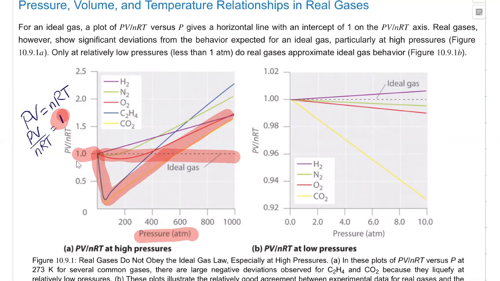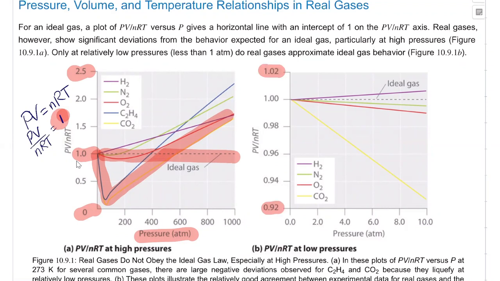So now look at the right-hand graph. It's still PV over nRT, but notice you've zoomed way in. Instead of 0 up to 2.5, which was the original y-axis, now we have 0.92 up to 1.02. So that's very close to 1.